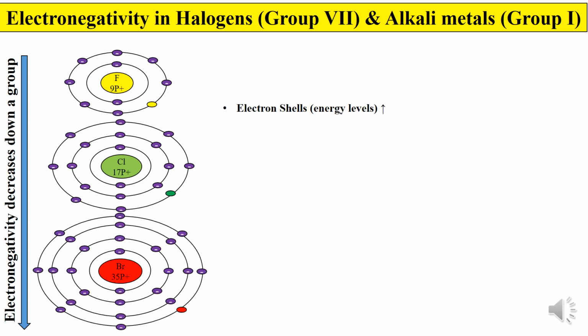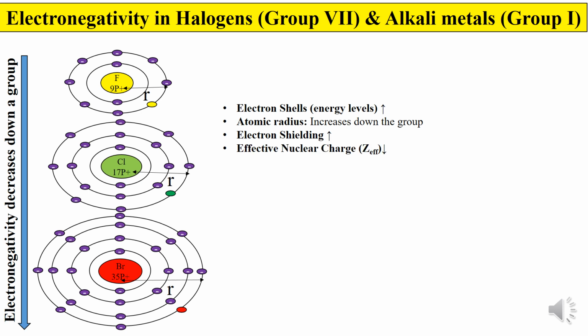Why is that? As you go down the group, electron shells or energy levels increase, atomic radius increases down the group, and with that electron shielding also increases, and this leads to decreased effective nuclear charge, and the end result is a decrease in the electronegativity values.